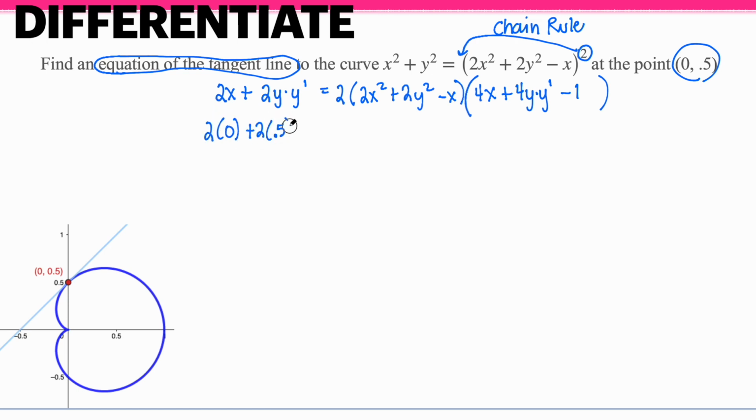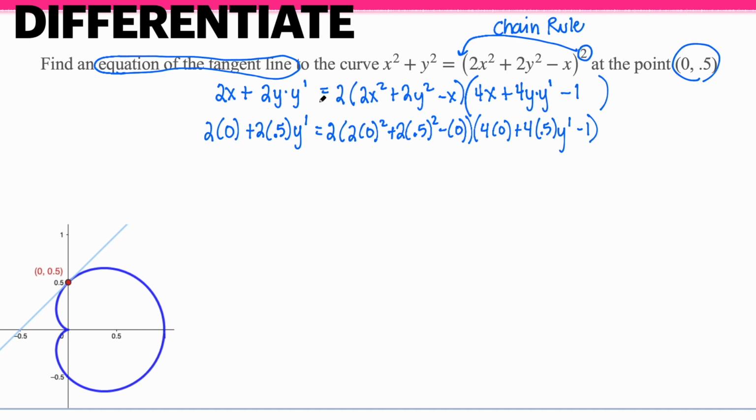I'm going to plug in 0.5 for y. Got to keep the y prime. Same thing. 2 times 0 for x, 0.5 for y, 0 for x. Same thing. 4 times 0 plus 4 times 0.5 for y times y prime minus 1.